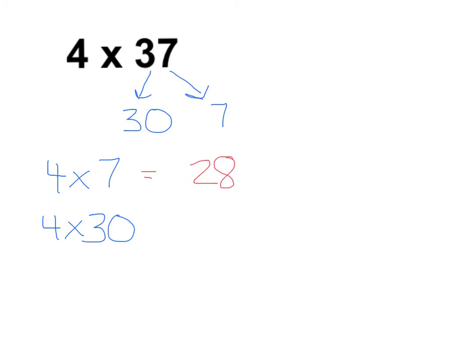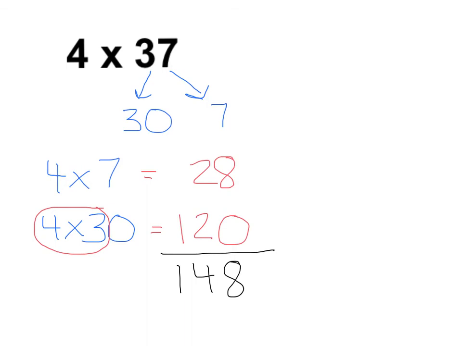That could be a tricky one, but remember in our example at the beginning, we can do 4 times 3, which we know is 12, but it has to be 10 times larger, so it would equal 120 when I did 4 times 30. Lastly, I just have to add these two numbers together to get 148. So that means 4 times 37 equals 148.